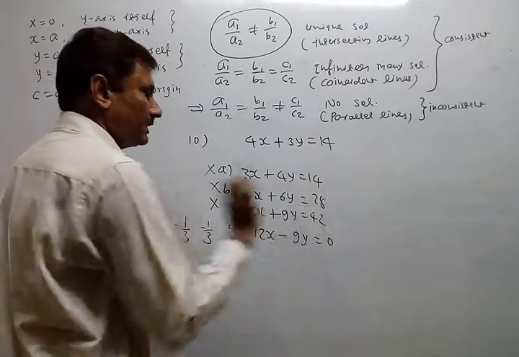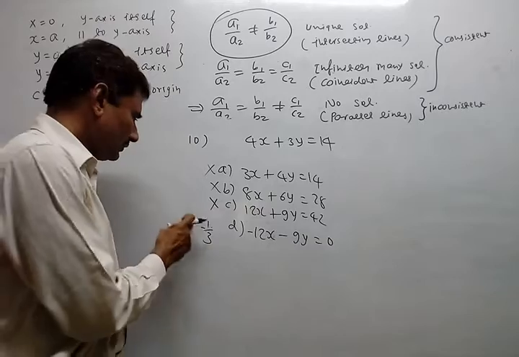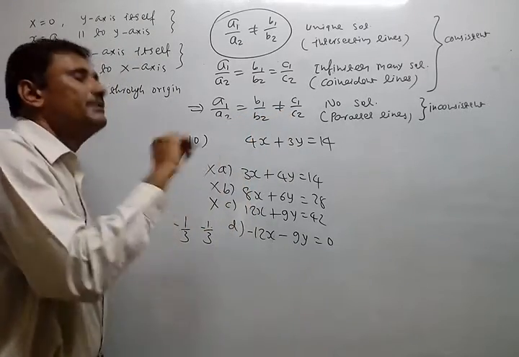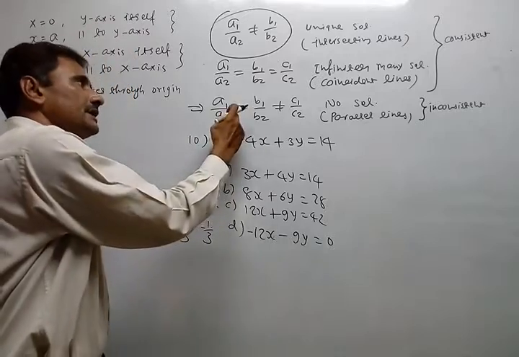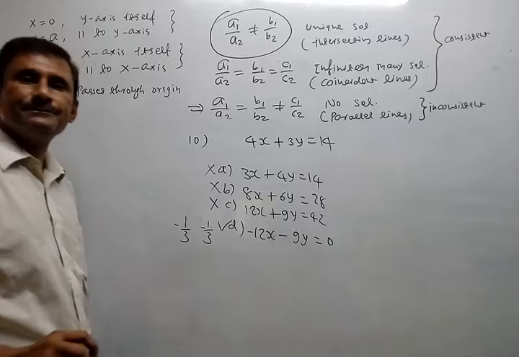But the last one is 14 by 0, which means infinite, anything else but not minus 1 by 3. So the first two are equal and the last one is actually infinite, but that satisfies this condition. So this is the answer.